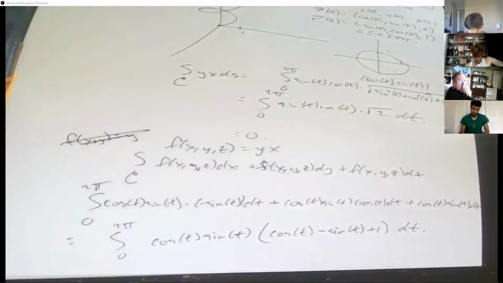Integrate cosine of t sine t times cosine of t minus sine of t plus 1 with respect to t from 0 to 2 pi.